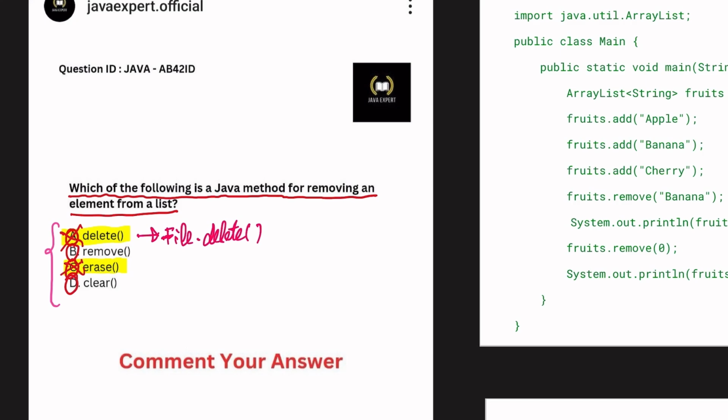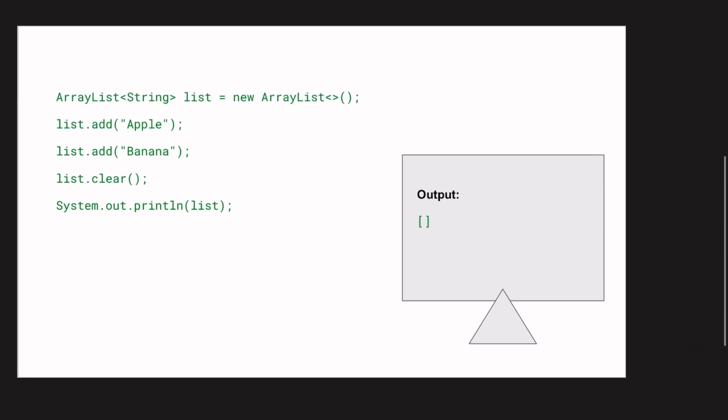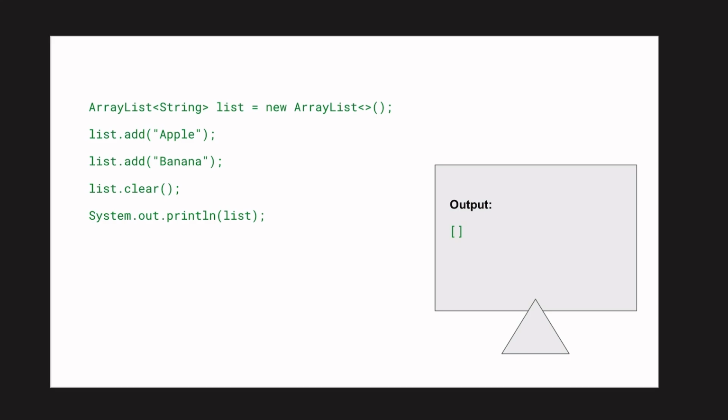Okay, let's check D option. Clear method. The clear method is used to remove all elements from a list, not a single element. After calling clear method, the list becomes empty. For example, you can see here we have the array list, and here we have created an object which is taking the generic as a string type.